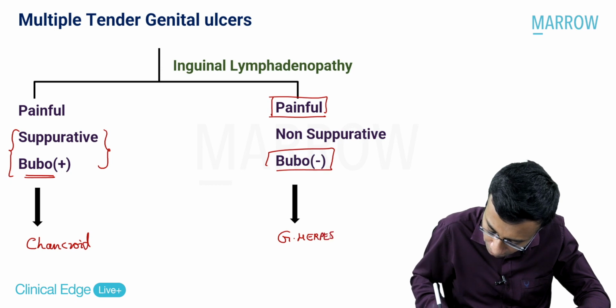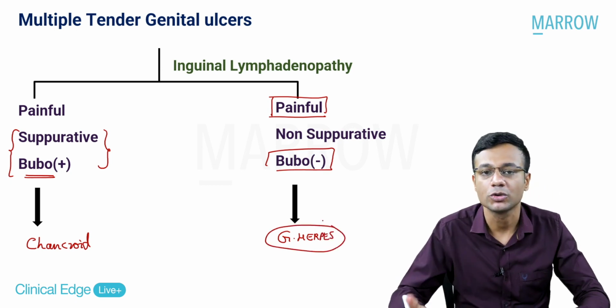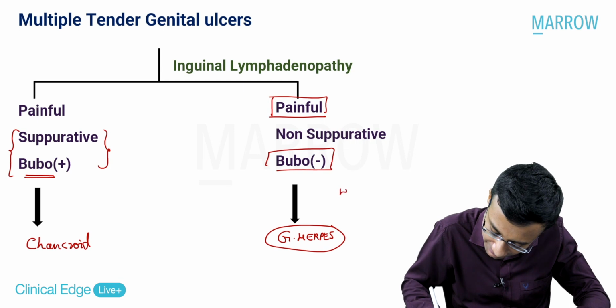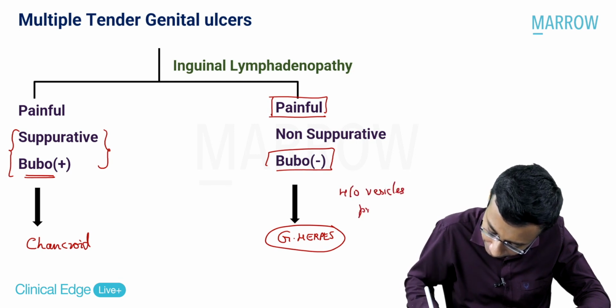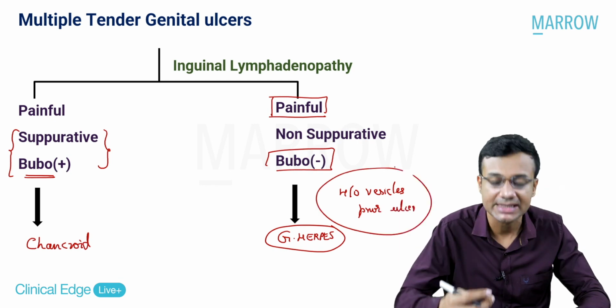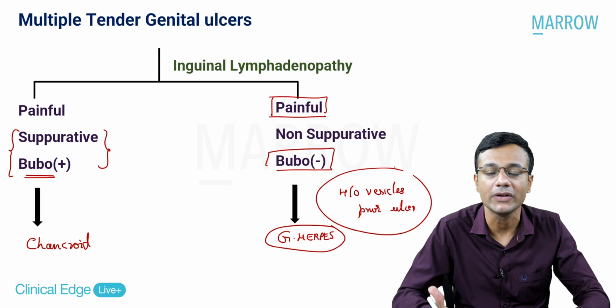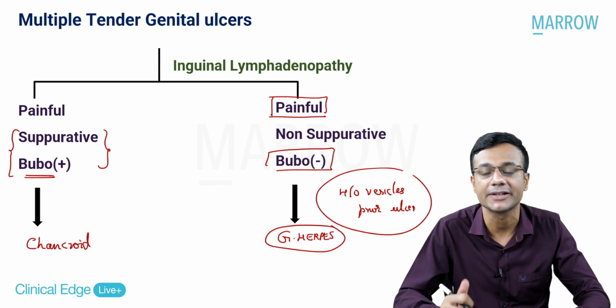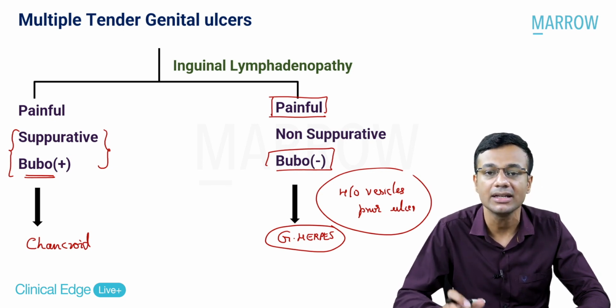Usually if the examiner wants you to mark genital herpes, there will be a history of vesicles, fluid filled lesions, prior to the onset of the ulcer.